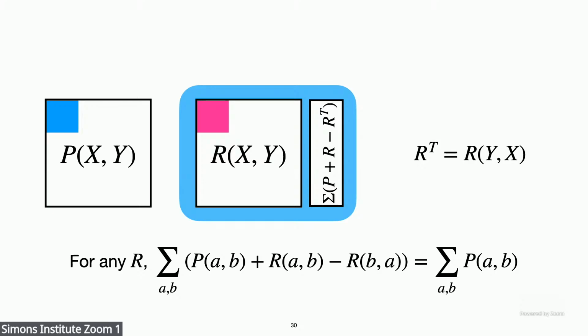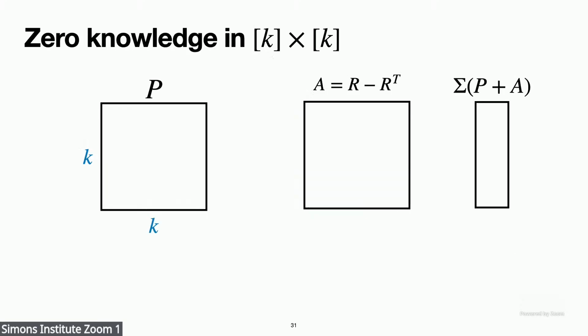So actually, I don't even need R to sum to 0 over the pink part. So we're going to look at this proof system, and the checking is more or less the same: we need to check this part and this part.